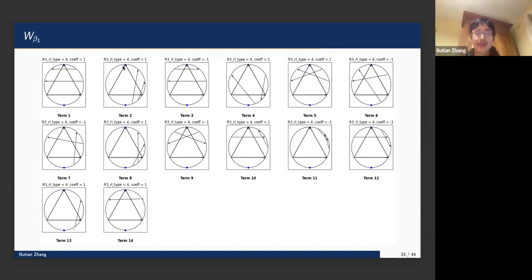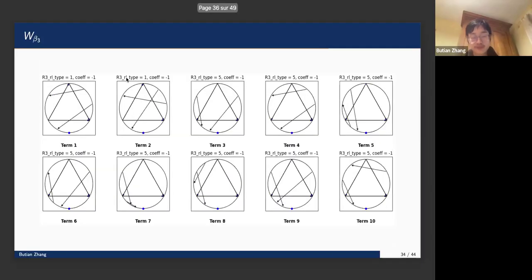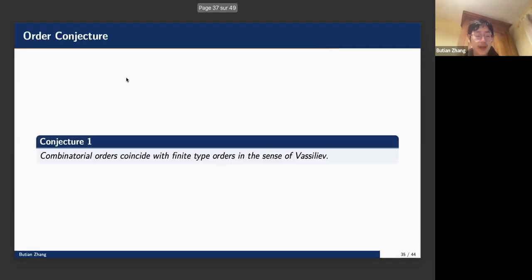That is to say, we treat this triangle as two arrows. And we conjecture that this combinatorial order coincides with the finite type order defined by Vasiliev.